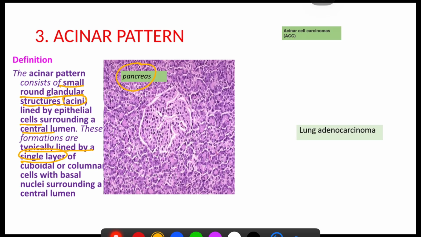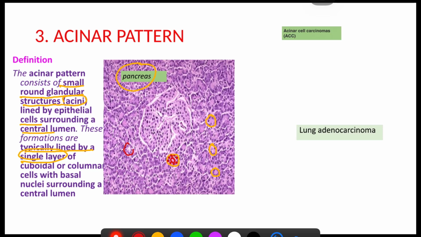So this is the normal histology of pancreas. You can identify these are the small acini where the nuclei are basally located and there is a centrally placed space which is filled with some secretion.